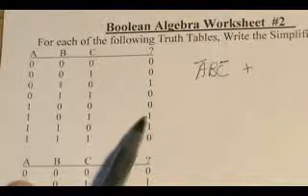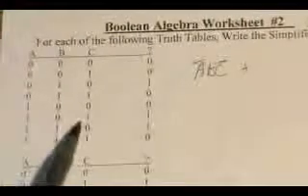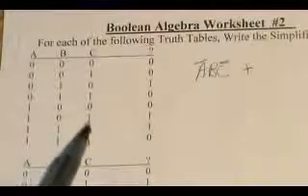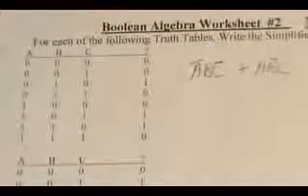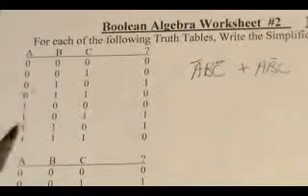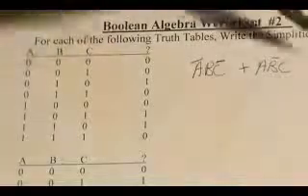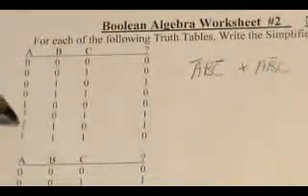This number 1 comes from the setting 1, 0, 1, which would be A, not B, C. And then my final piece of the equation comes from this setting 1, 1, 0. So my equation will be not A, B, not C, plus A, not B, C, plus A, B, not C.